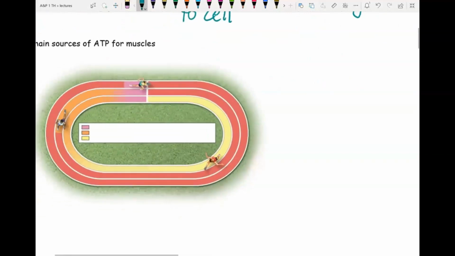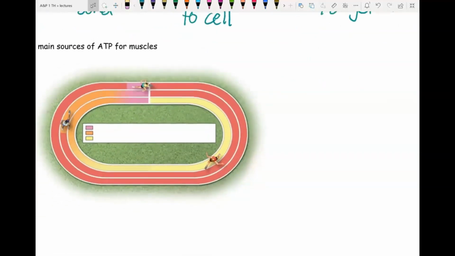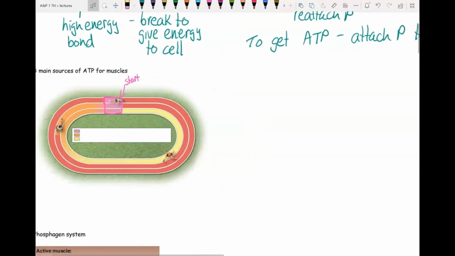This picture of the track is showing you when you use each of those 4 methods. We're going to start with the pink one. So notice the pink is the first part of the track here. Here's your start line. The pink is the one you use when your muscles first start working. And this is the phosphagen system.